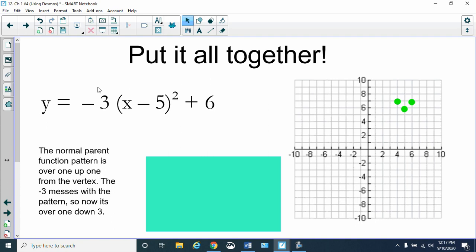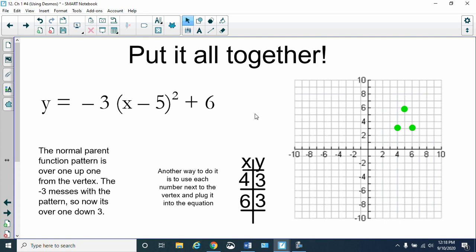But darn it, we do have that -3 there, which multiplies the pattern by -3. So instead of over 1, up 1, from the vertex, we're going to go over 1, down 3, and over 1, down 3.